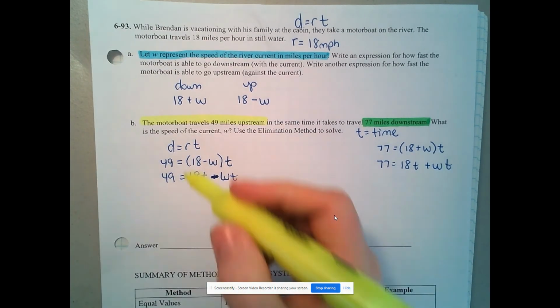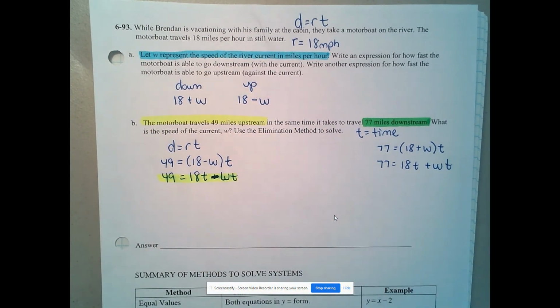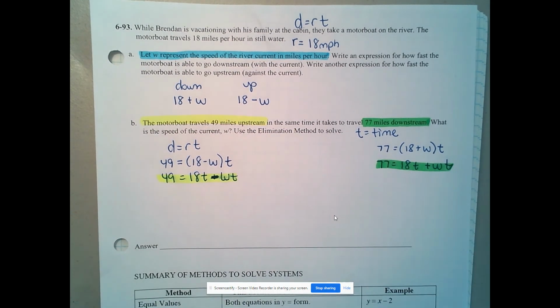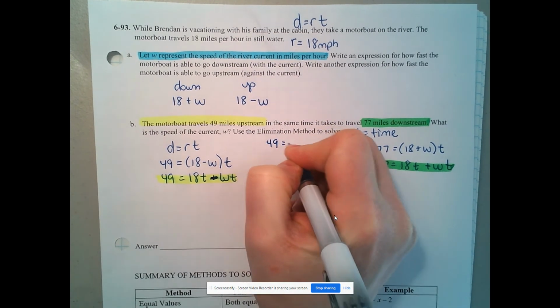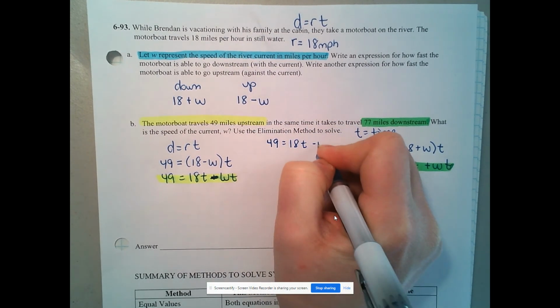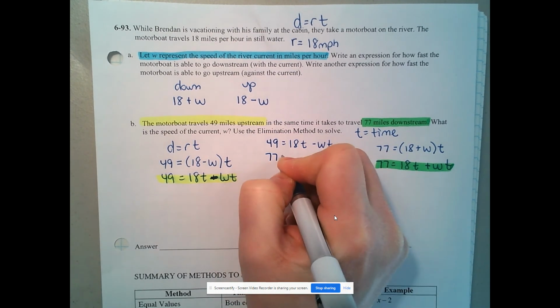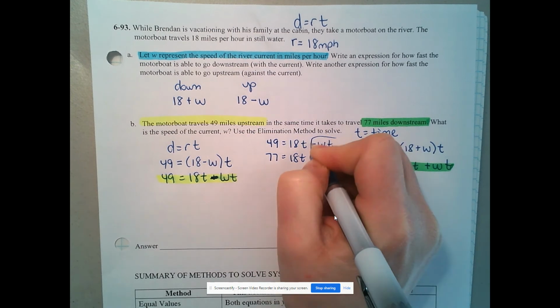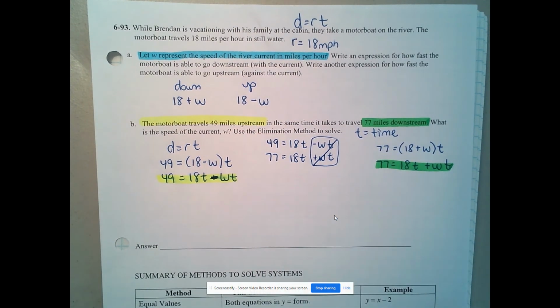All right, so we've got an equation for upstream, and we've got an equation for downstream. And let's see if we can combine those. So 49 equals 18T minus WT, 77 equals 18T plus WT, and here is the part that gets eliminated.